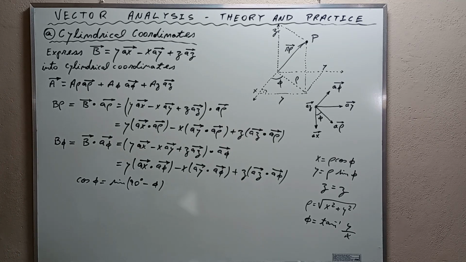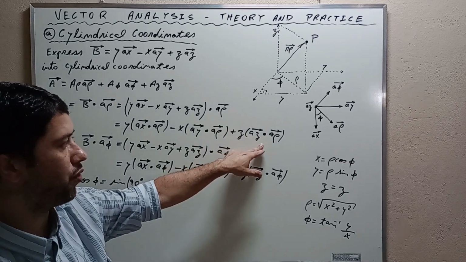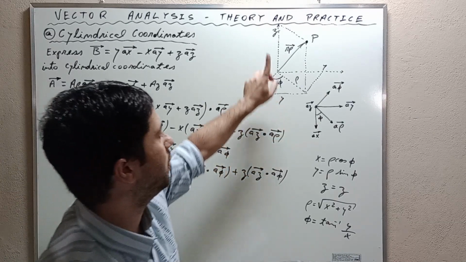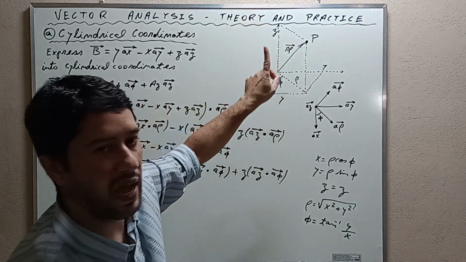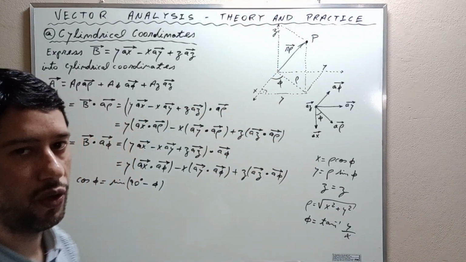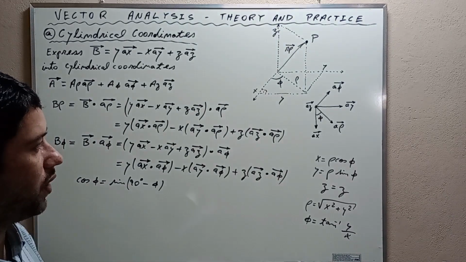And they will be equal to 0 in a dot product with z, because z is pointing out of the plane which they belong. Okay?